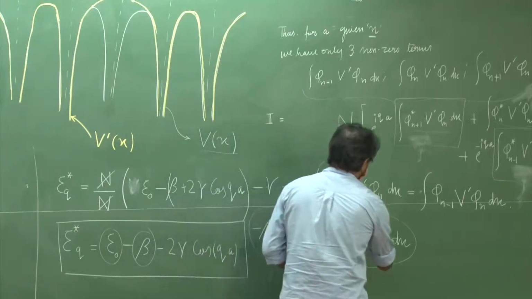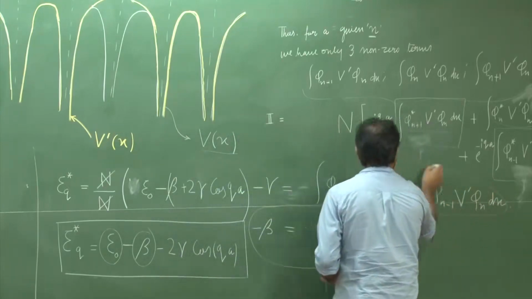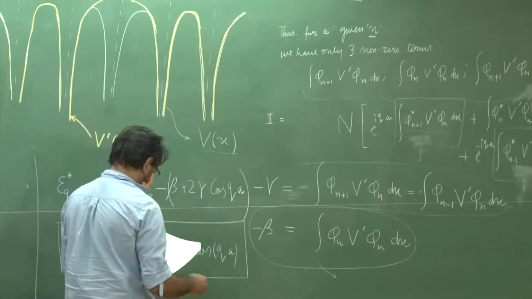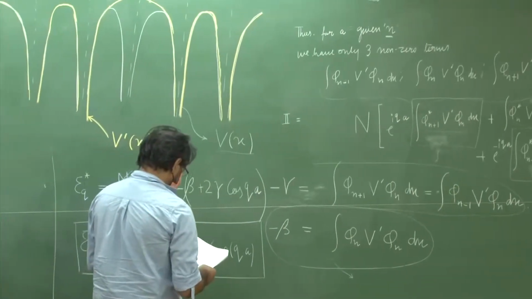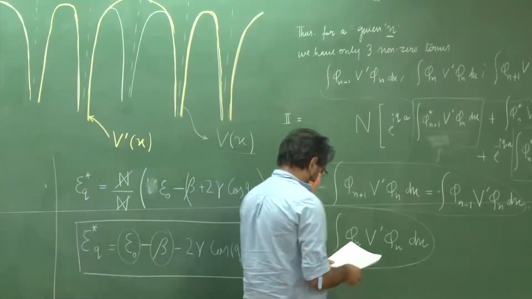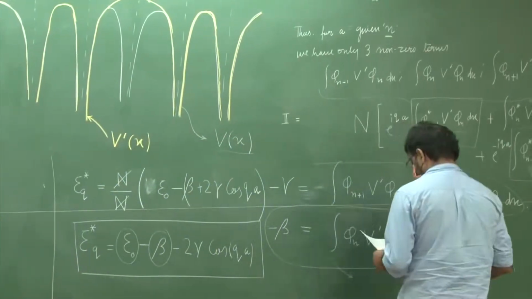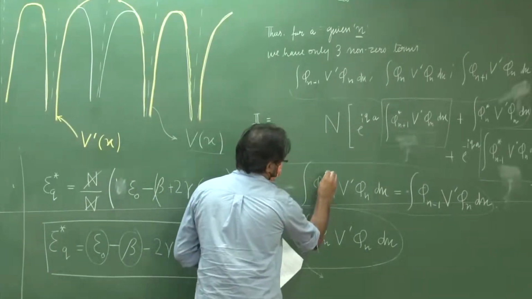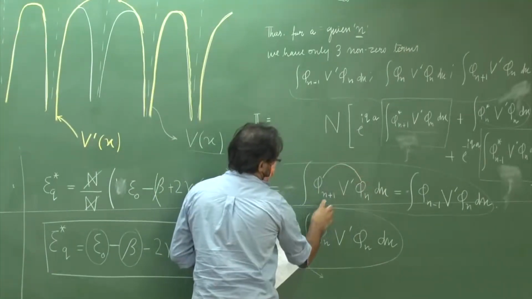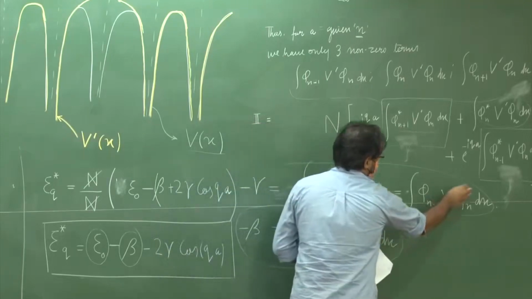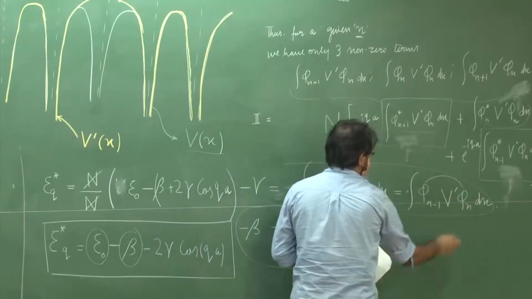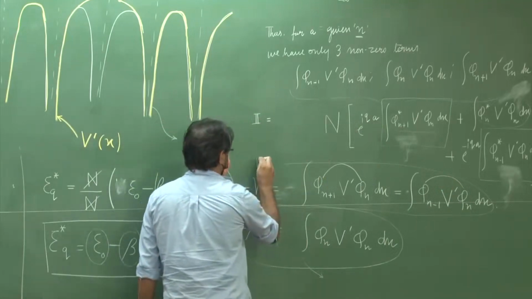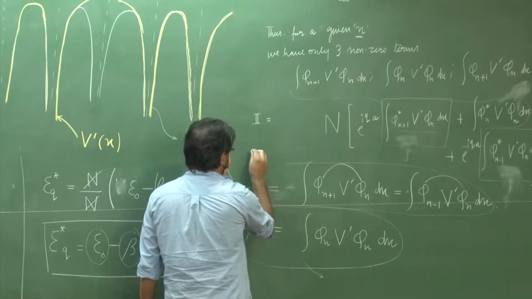And then there is further lowering by an amount gamma, minus 2 gamma cos qa. This term makes it possible for the electron to hop from site to site. So this allows the possibility of going from n plus 1 to n, or from n to n minus 1, or vice versa. Right? So this is the hopping term. It allows hopping of the electron.